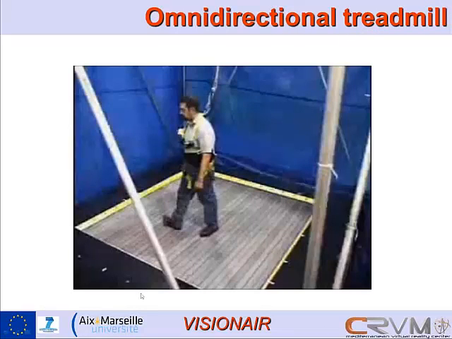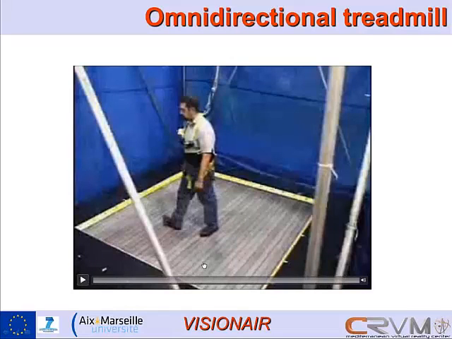So this is the omnidirectional treadmill, with the idea that contrary to a usual treadmill, the omnidirectional treadmill will make the subject able to move in any direction, but it's mechanically complex.